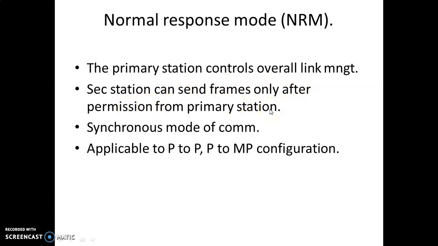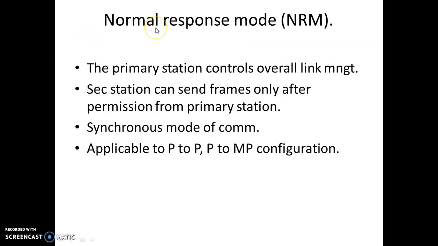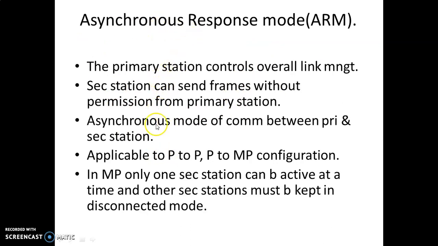Now in asynchronous response mode, the very first line you write is that it is an asynchronous mode of communication between primary and secondary station. Since it is asynchronous, the secondary station can send frames without permission from the primary station. So the secondary station need not take permission from the primary station.